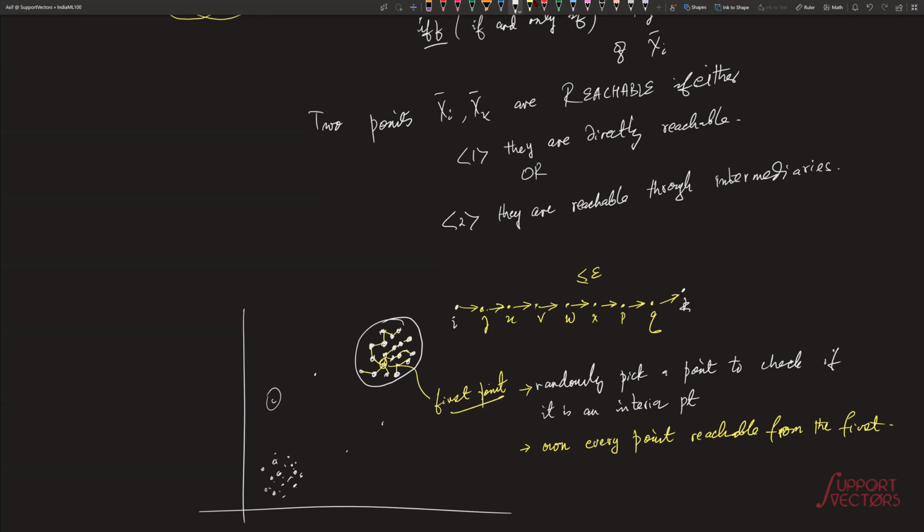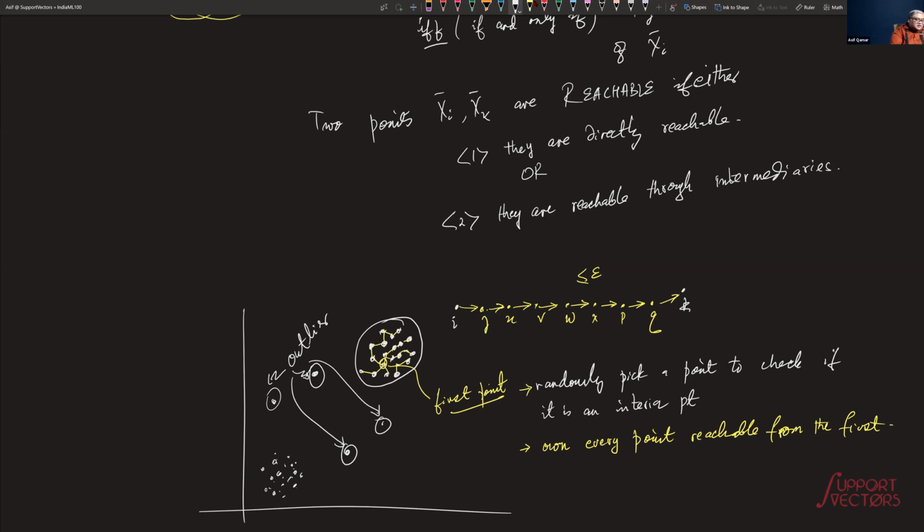So you say you own these points. Now you look at the remainder of the points and you play that game again. If you're unlucky, as I said, you might end up picking this point. Does this point have enough points in its epsilon neighborhood? It does not, right? So you mark it as an outlier. This is an outlier, this is an outlier, these points will all get marked as outliers.